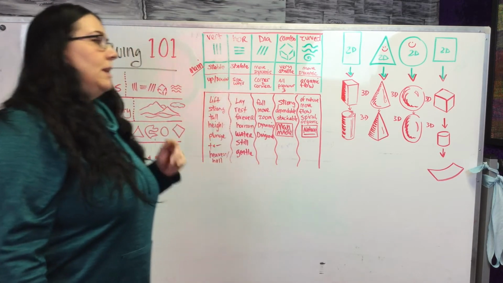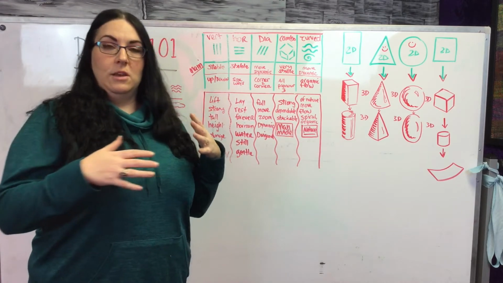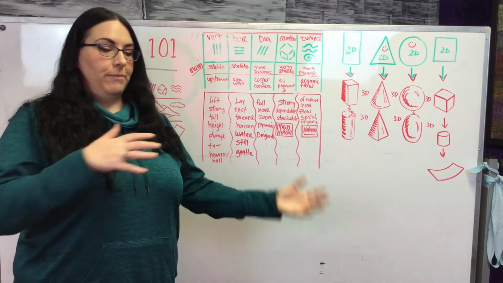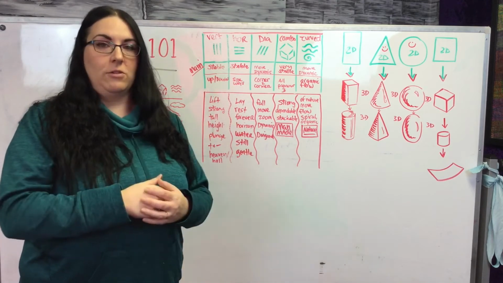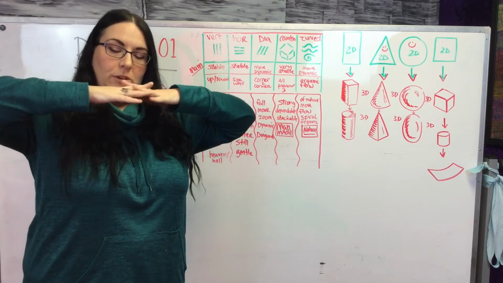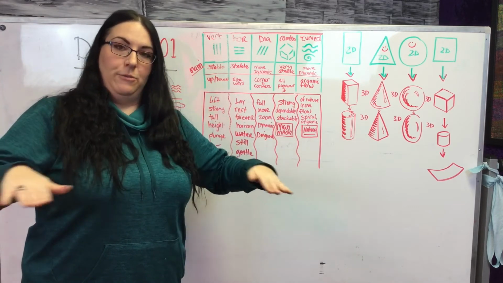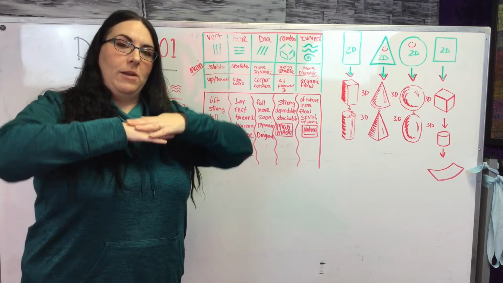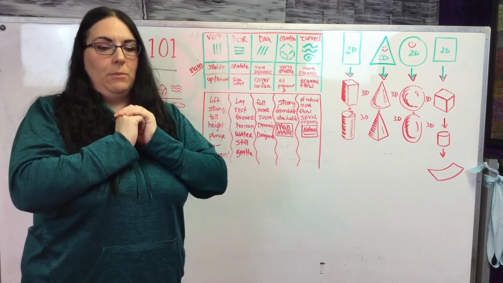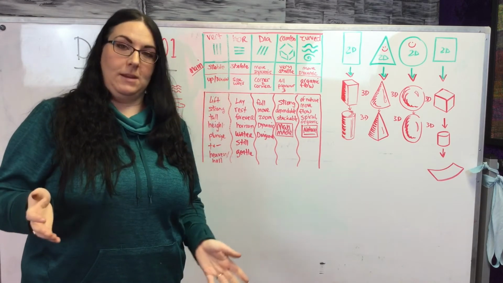Dynamic means movement, change, energy, difference from one thing to the other. So it's a sense of excitement, whereas feeling stable feels same, or not necessarily repetitive, but a feeling of flatness, relaxedness, calmness, dependability.